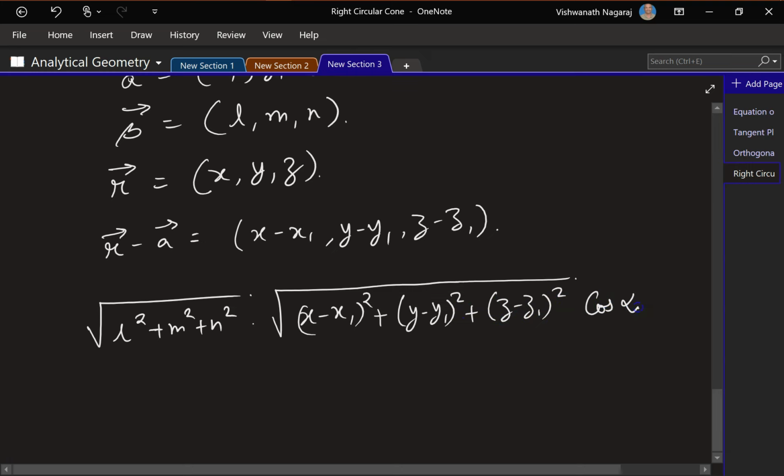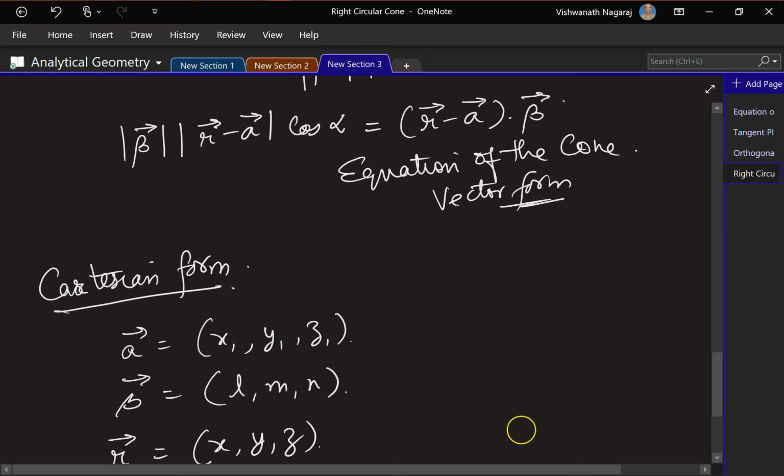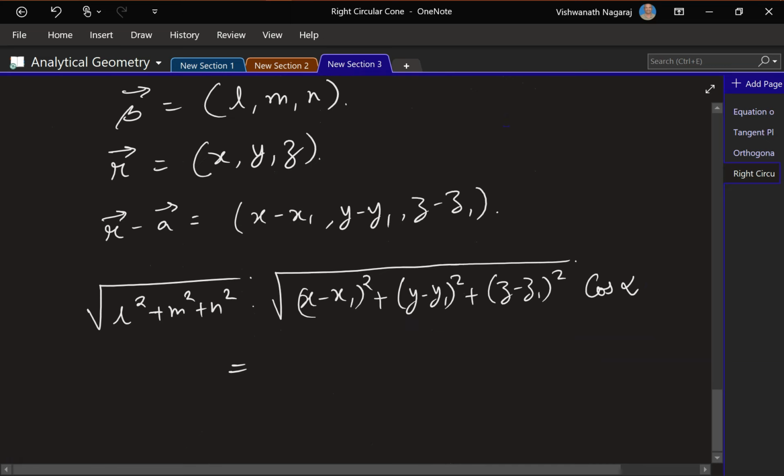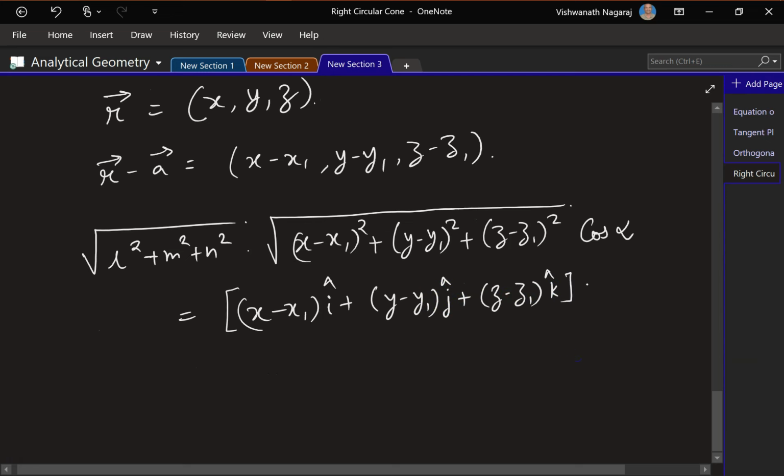cos alpha is equal to (R minus A) dot beta. R minus A would be x minus x1 i plus y minus y1 j plus z minus z1 k, dot beta. Beta would be what?